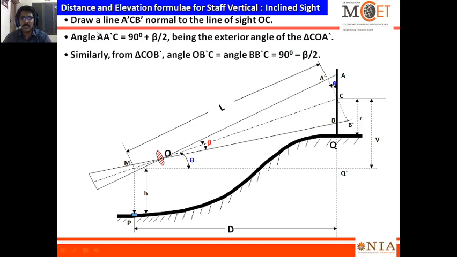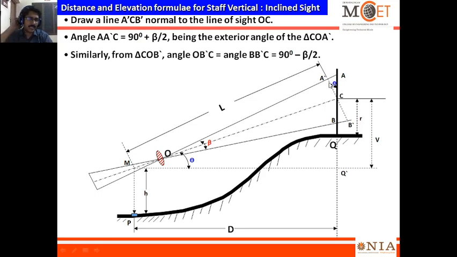Now for that, draw a line A dash C B dash, such that this line must be exactly perpendicular to this line of sight, normal to the line of sight OC. So angle A dash C, and this becomes one more angle.